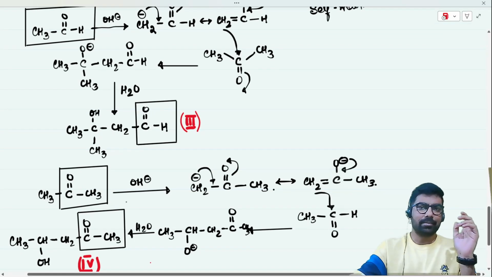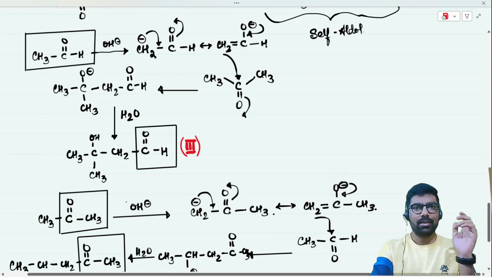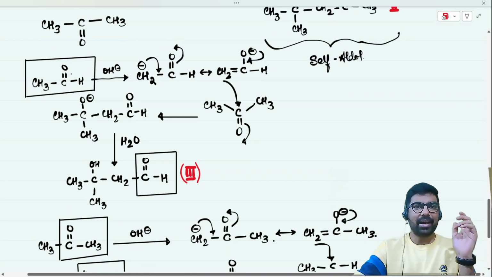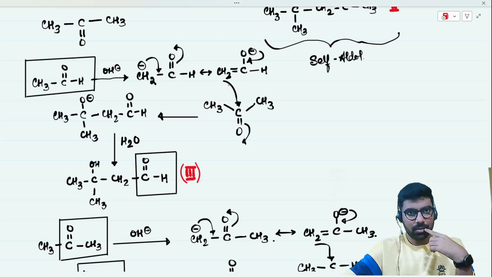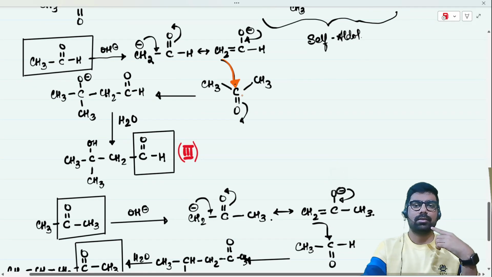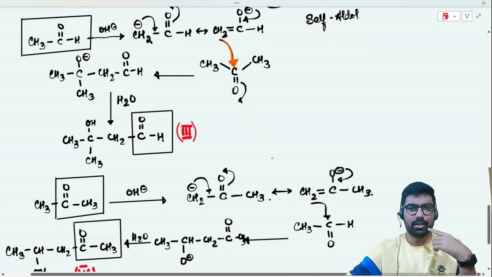But the second step is the step in which a backside attack takes place. In this step, where I am marking with the red one, a backside attack takes place. You can see again in this one a backside attack is taking place.